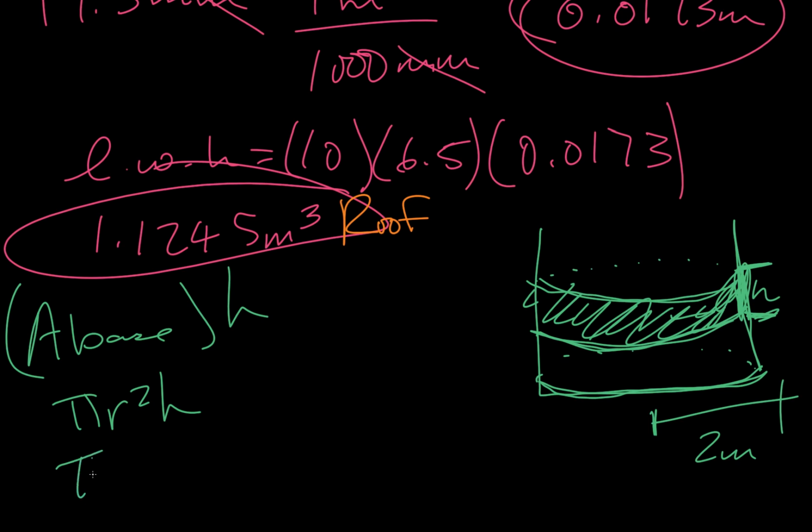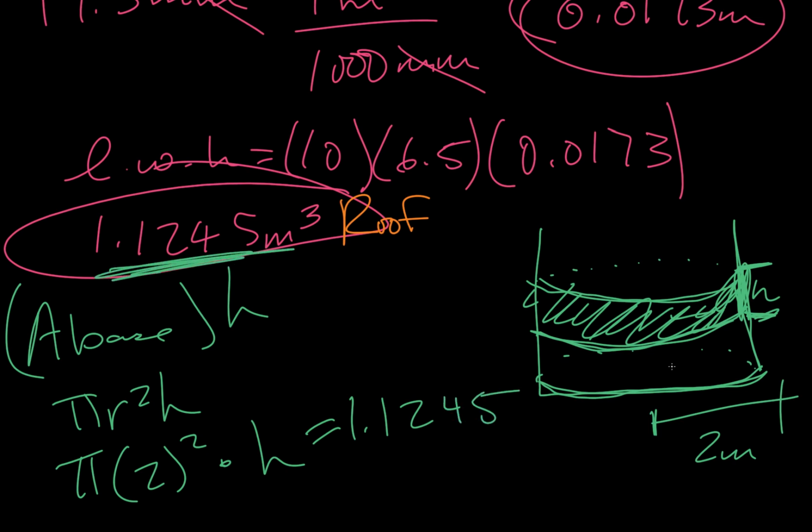So we can say pi 2 squared, and we don't know the height at the moment. But we know how much water fell on the roof, and so we can use that as our total volume. So we have 1.1245 from this number that we found on the roof. And then we just need to solve.